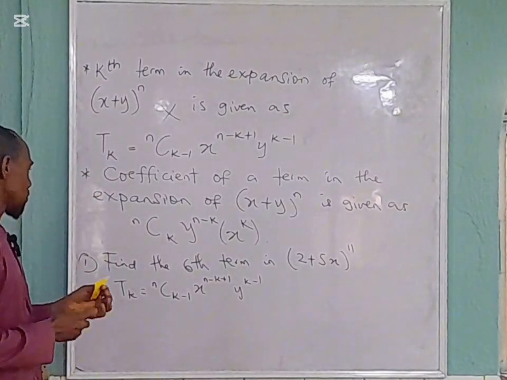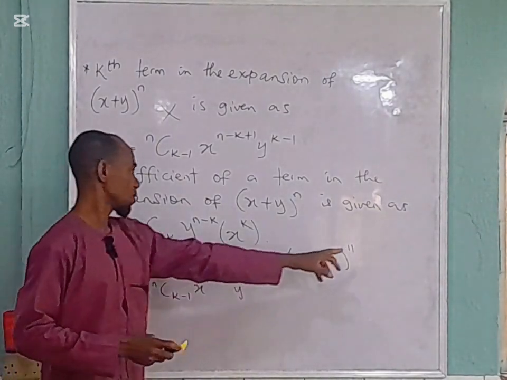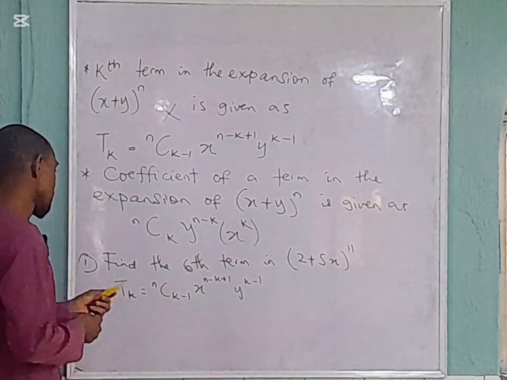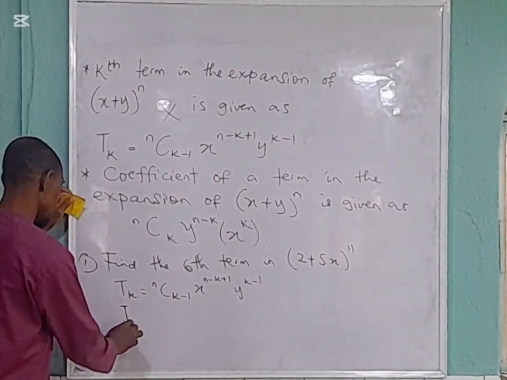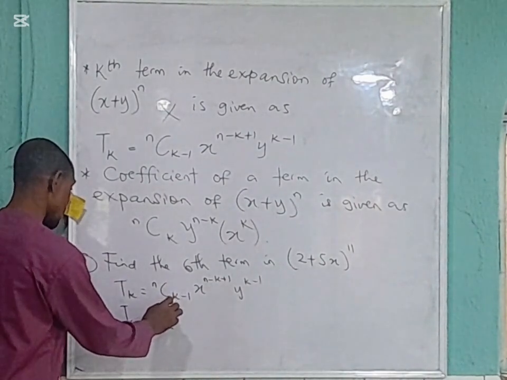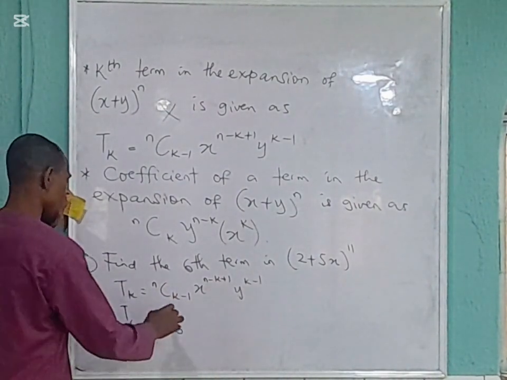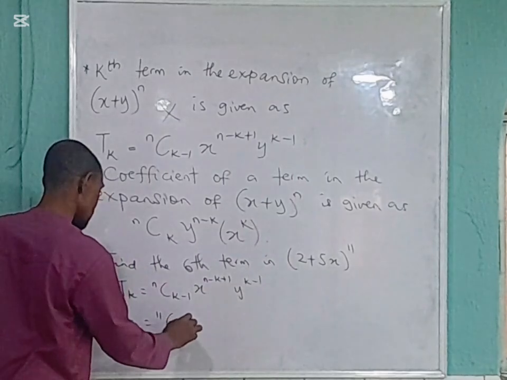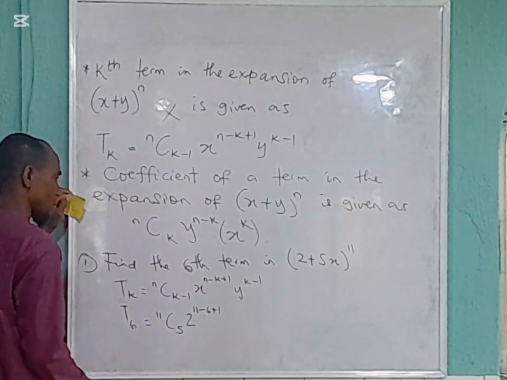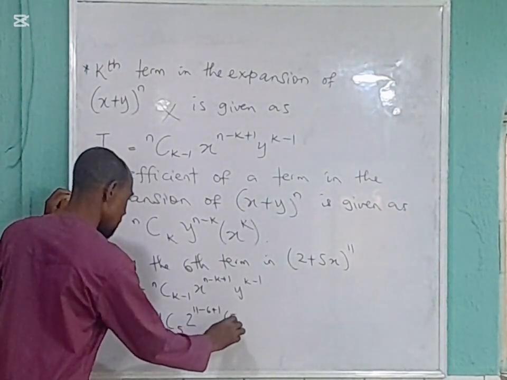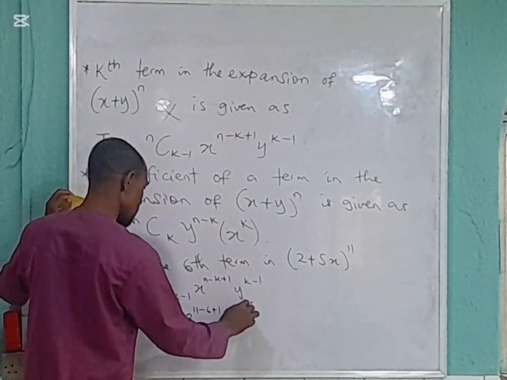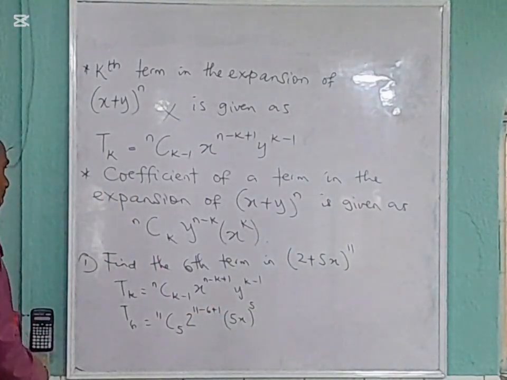So our parameters will be as follows: n is 11, k is 6, and that does it.